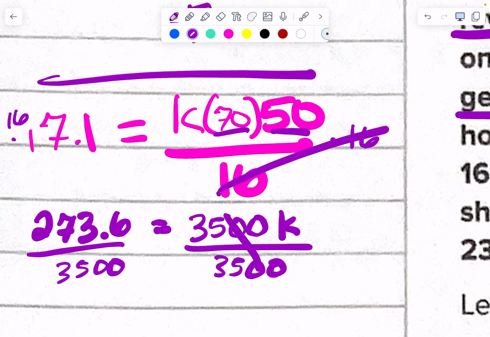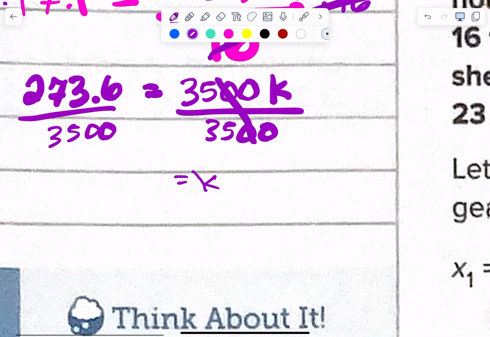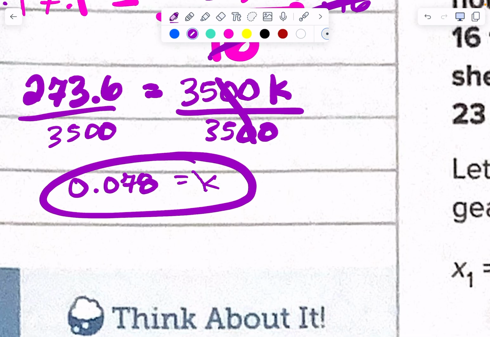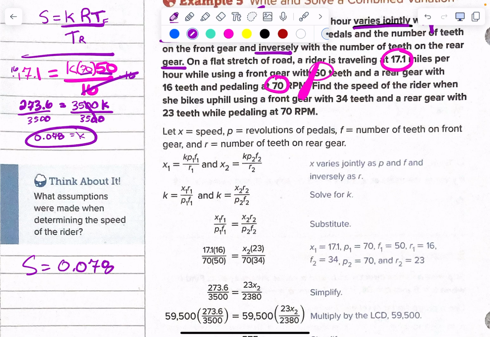K is equal to how much? 273.6 divided by 3,500? 0.078. That's a really small number for K. Now, last thing, we have S is equal to 0.078 R teeth front over teeth rear.